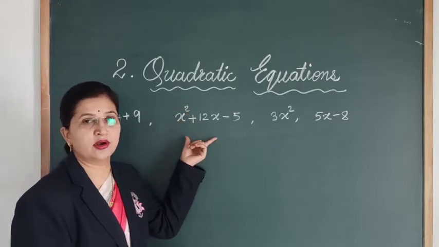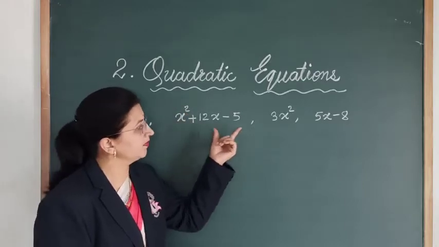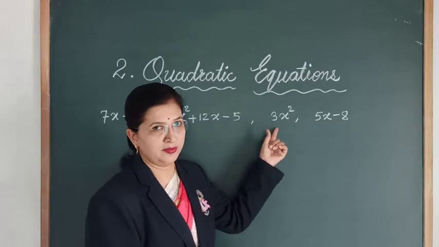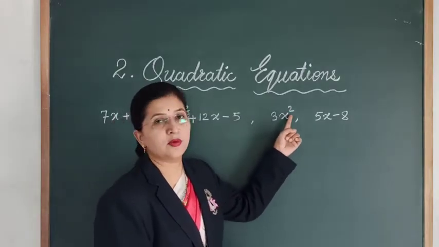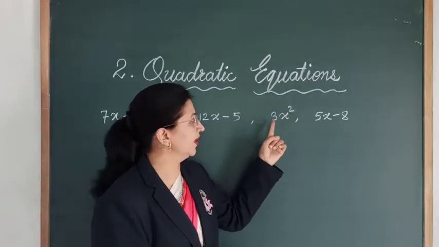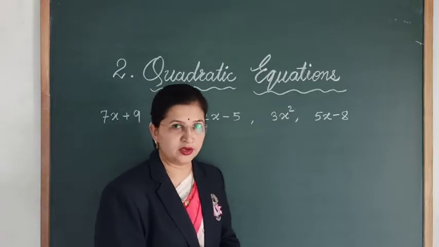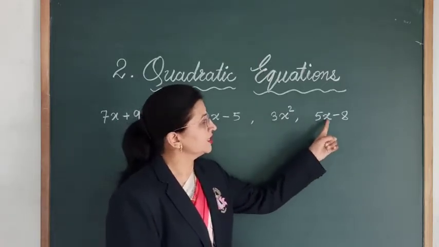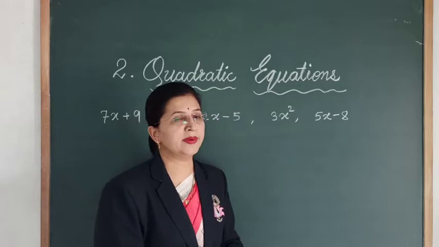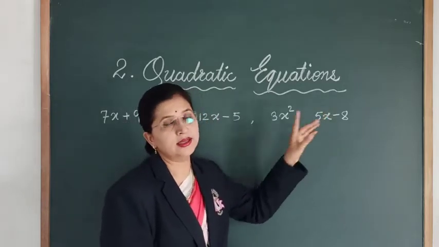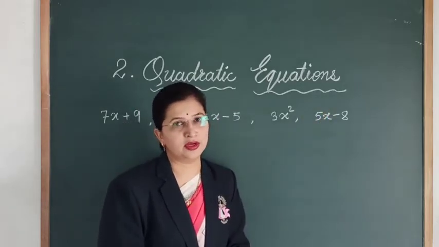That's why it is a quadratic polynomial. Okay? Here, this is also a polynomial. Okay? So here, the degree of the polynomial is 2. That's why it is a quadratic polynomial. And 5x minus 8. In this polynomial, the degree is 1. That's why it is a linear polynomial.